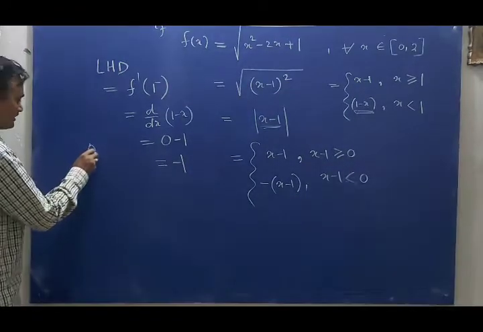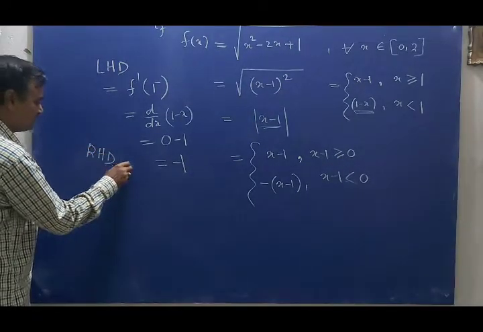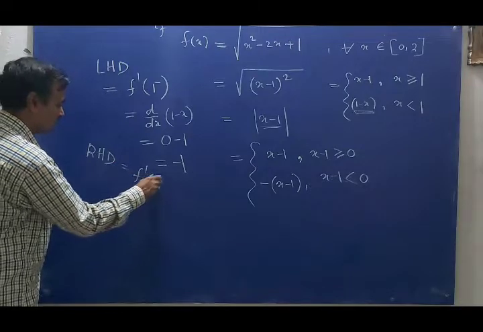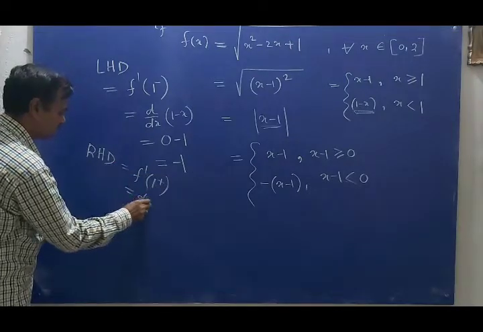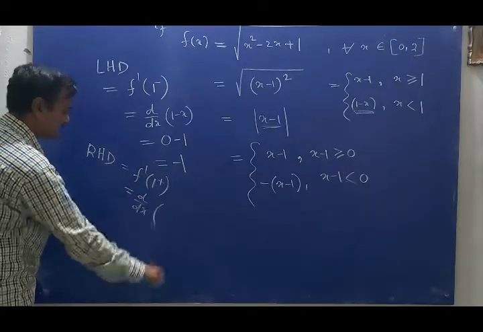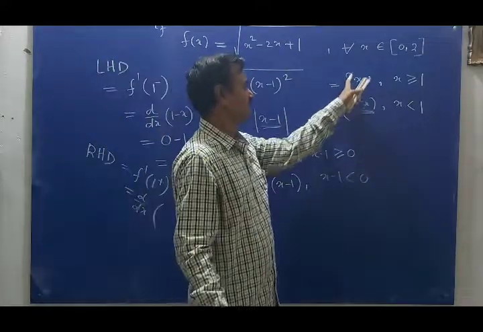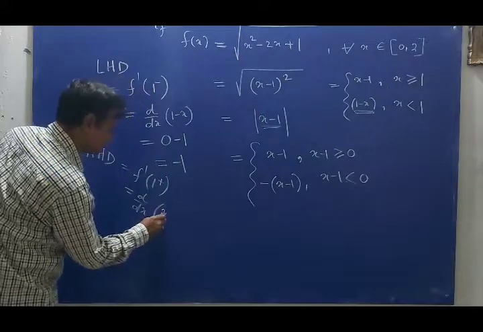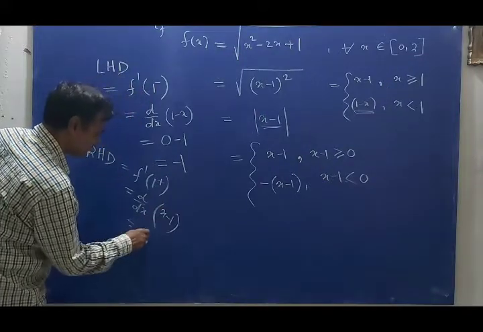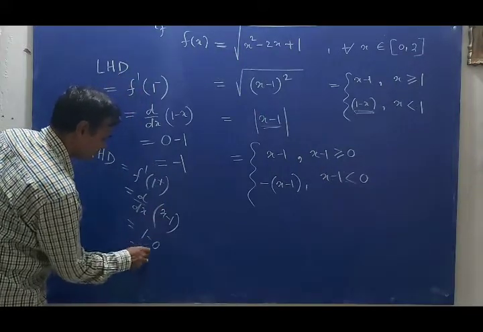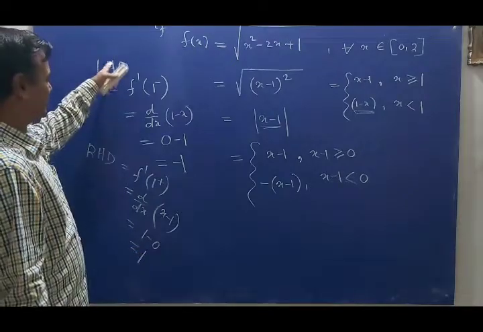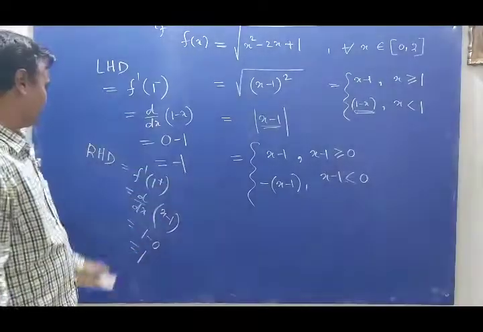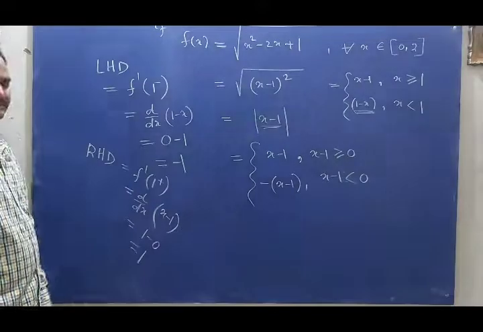Similarly, the right hand derivative is f dash 1 plus, which is d by dx of the function for x greater than 1. What is the function? x minus 1. So what is its derivative? 1 minus 0 is equal to 1. So the left hand derivative is minus 1, the right hand derivative is 1.